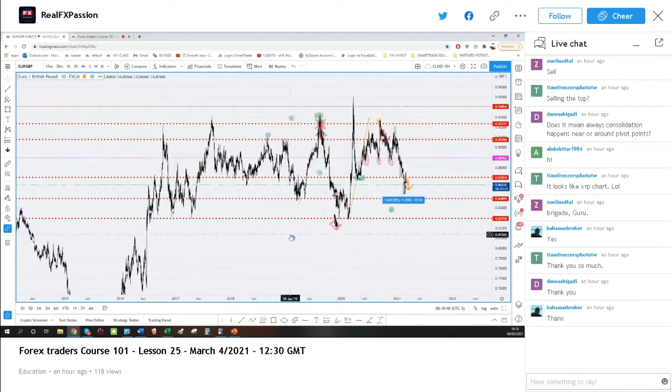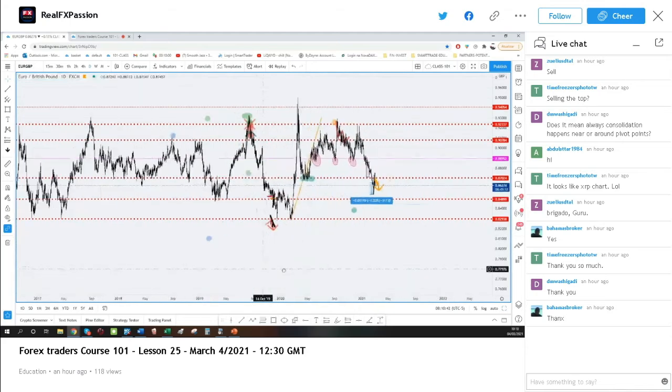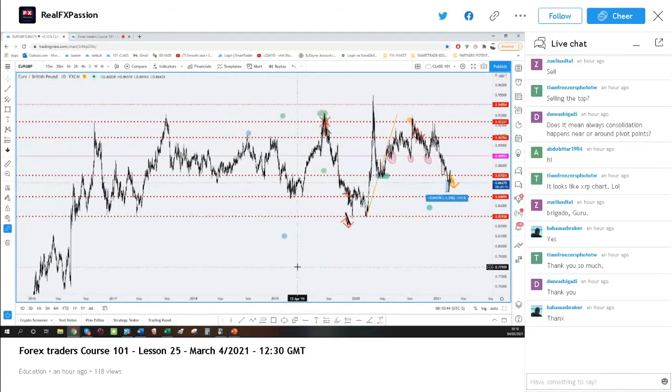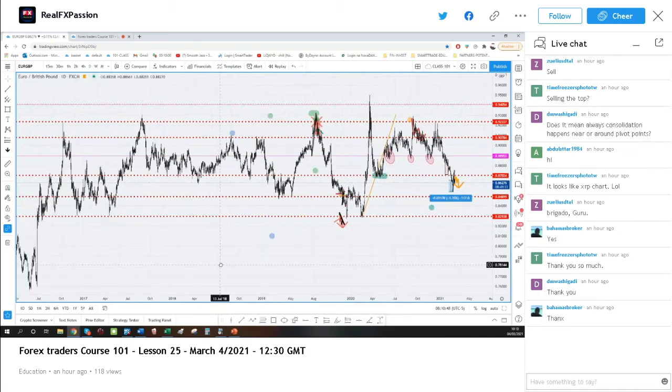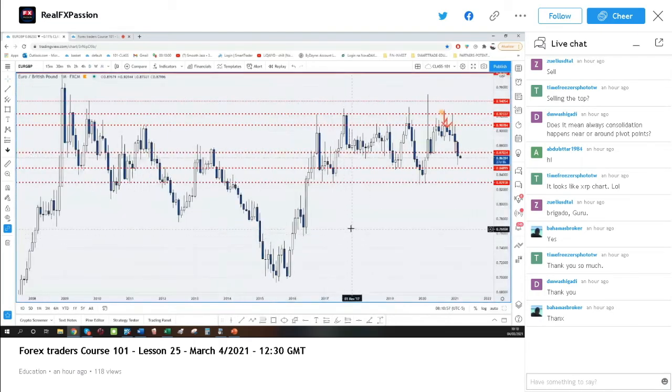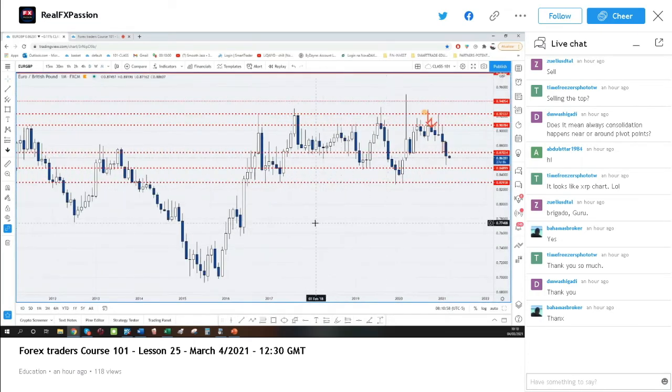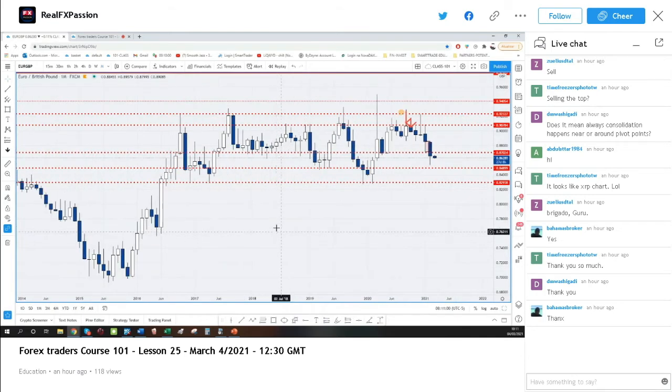And this is the daily chart, right? So let me check the monthly chart, everybody, high to low. Do we have a high? Oh yeah, we have another pivot point in here.